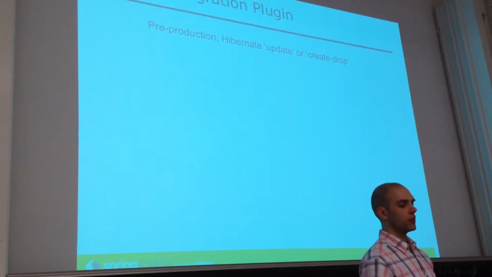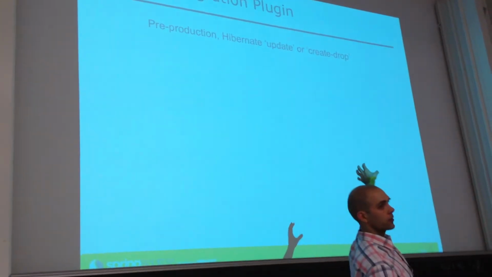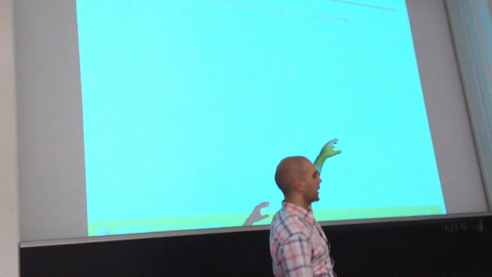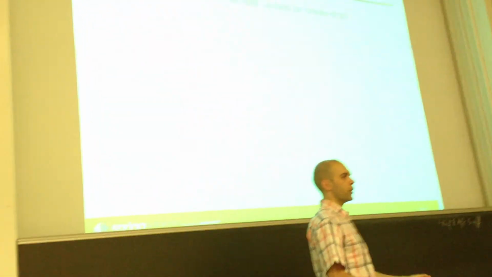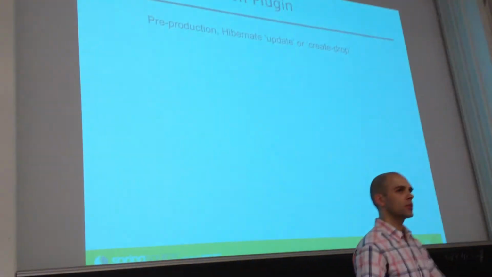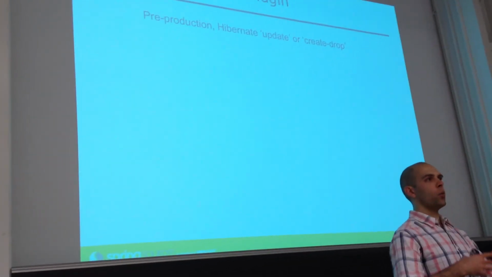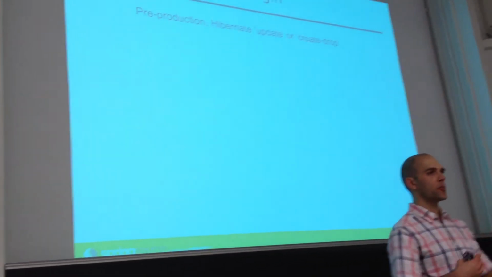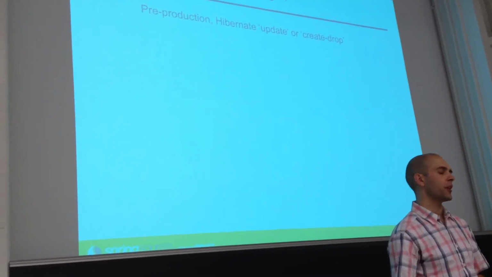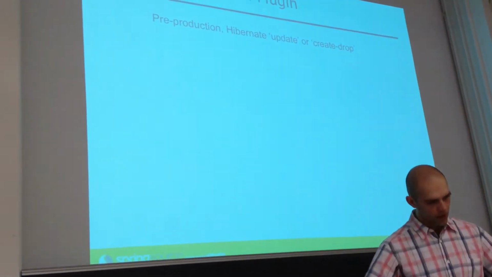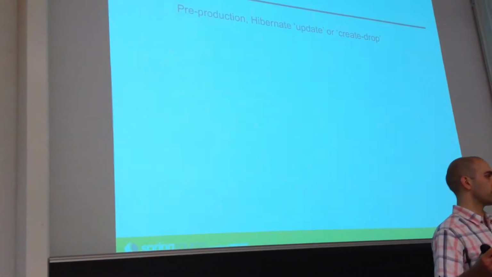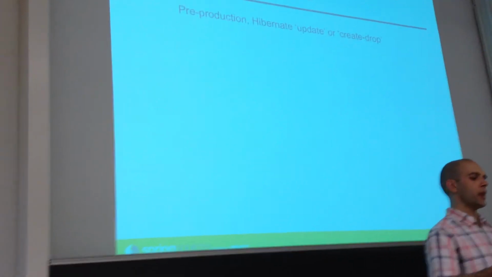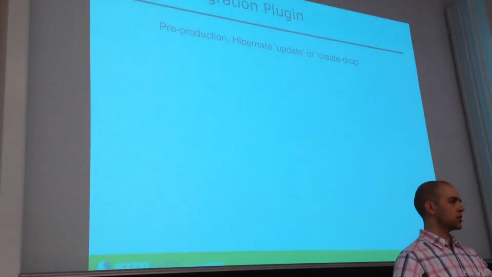Typically, when you first start with Grails, you have Hibernate set up with update or create-drop. These are settings that determine whether it creates the database schema and how that behaves: every time you start the application, does it drop the whole schema, or does it keep the schema with the data in there and try to make the changes to it.